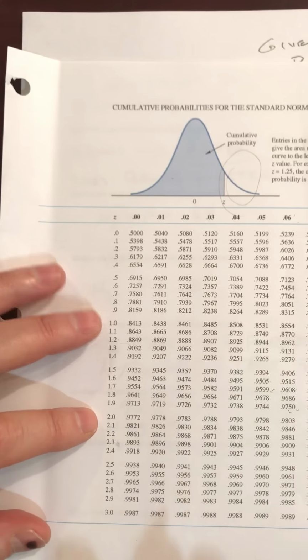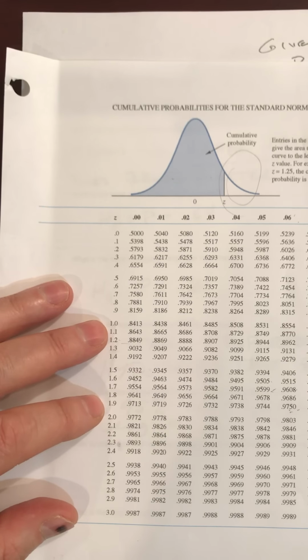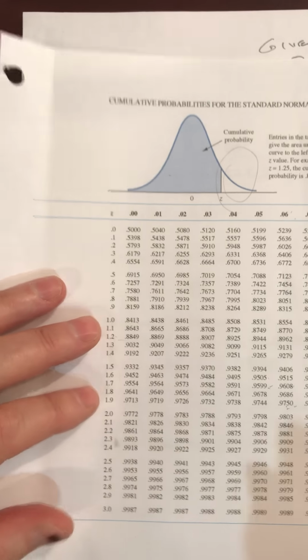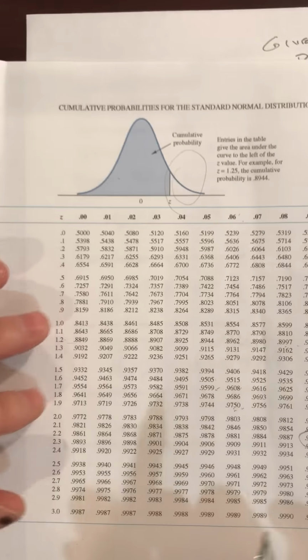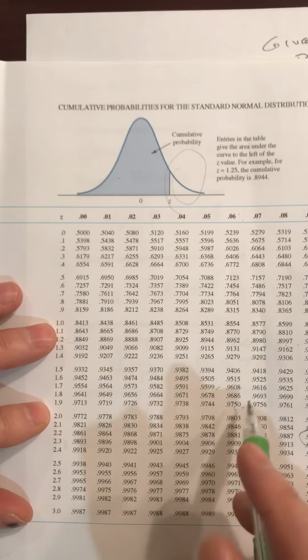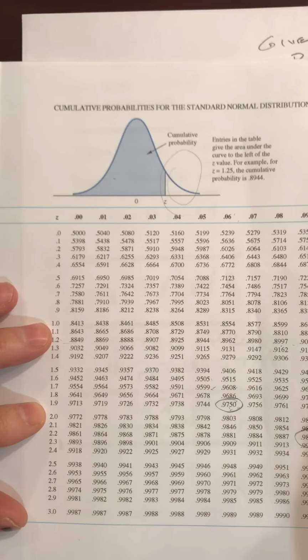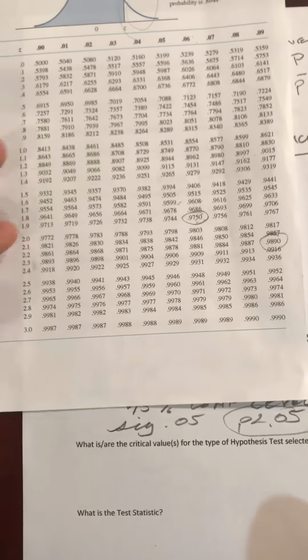I'm going to use the positive z-table to create the critical values for this testing model. And so 1 minus 0.025 is 0.975. So you come over here and you do a lookup. Okay, 1 minus 0.025 is 0.975.